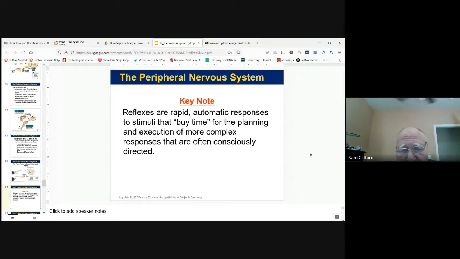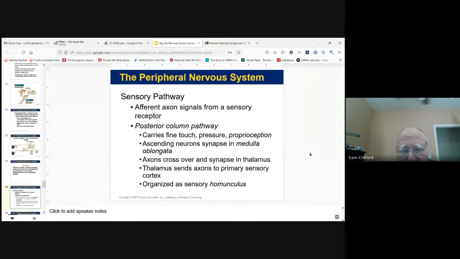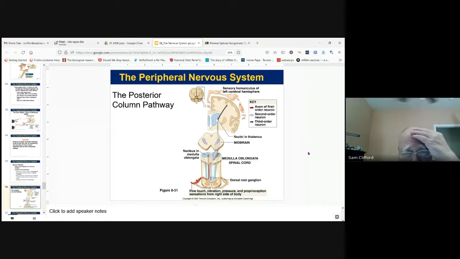We can review those. Okay, if you look at the ascending nerves, here's the primary somatosensory cortex. This diagram is called a homunculus. All information getting to the spinal cord first is going to be sent up through the midbrain, through the thalamus, into, first of all, the primary somatosensory cortex.